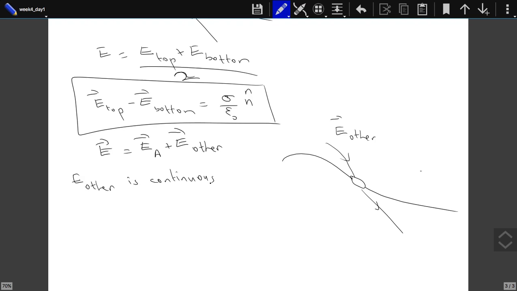Now, the part that creates this discontinuity is the electric field created by the surface charge itself. But very close to the surface, charge basically creates this electric field. Let's say on the top it is in the n direction.